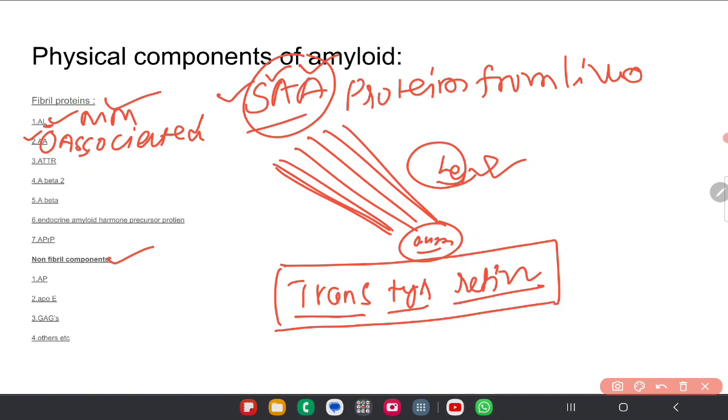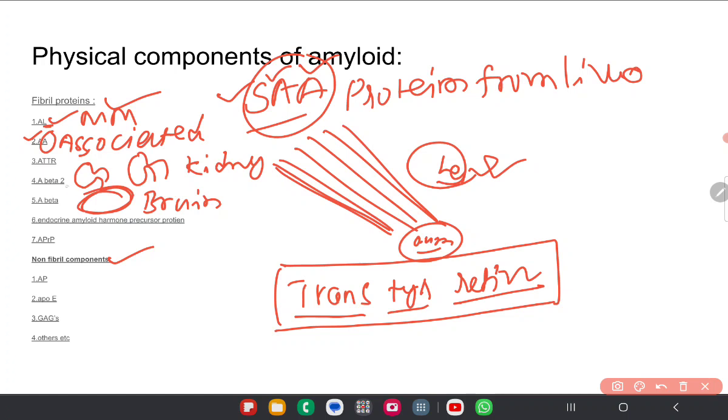Next, A beta 2. Generally every student is confused about A beta 2 as well as A beta. We can clearly remember that in A beta 2 there are two kidneys, whereas A beta involves only the brain.